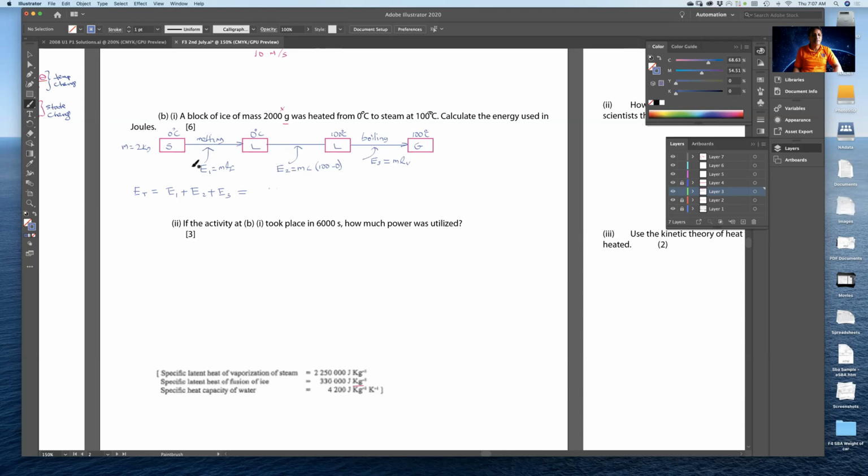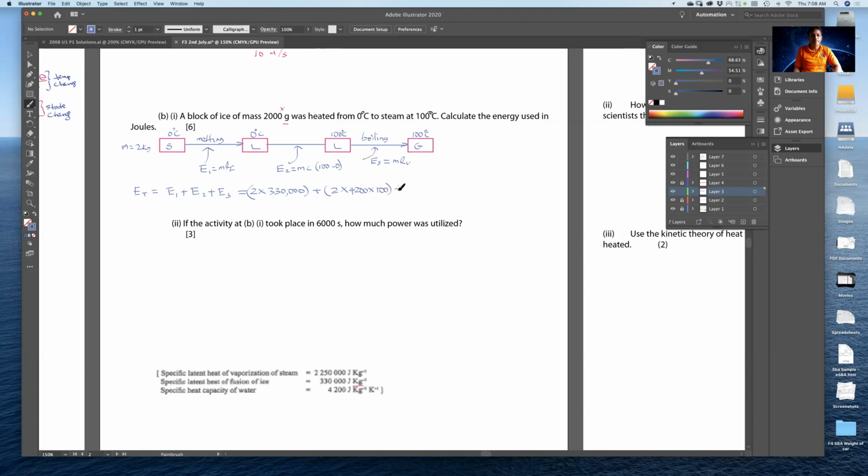And let's put the numbers in. Remember, the mass is 2 kilograms. So this E1 would be 2 multiplied by the latent heat of fusion. We can get it down here. The latent heat of fusion is 330,000. Plus E2, which will be MC delta theta. M is again 2 kilograms. C is 4,200. And the temperature change, of course, 100 minus 0 is 100.